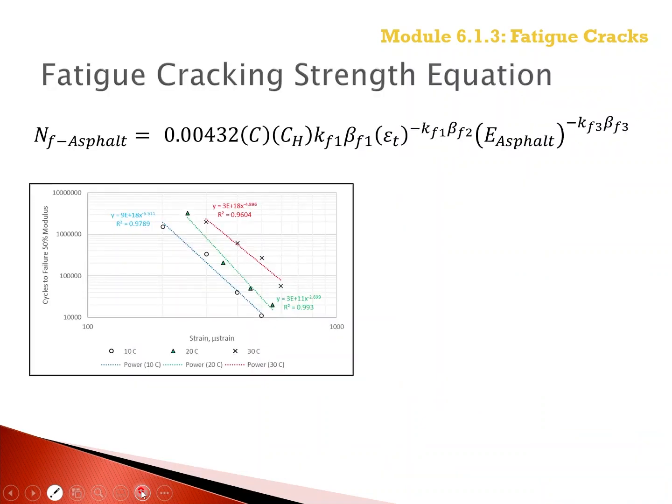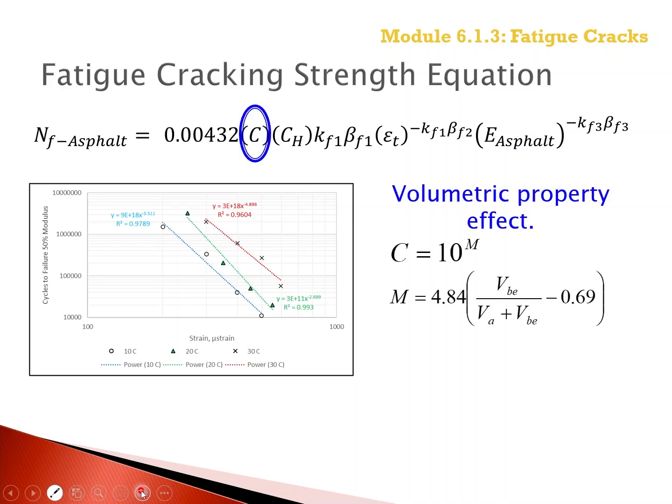The regression equation displayed in this slide is the outcome of many fatigue tests conducted in accordance with or similar to AASHTO T321. The fatigue strength or allowable number of load applications is dependent upon the applied tensile strain, dynamic modulus, and other material and structural variables.